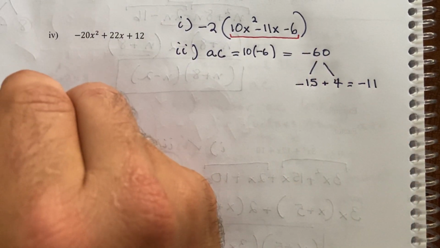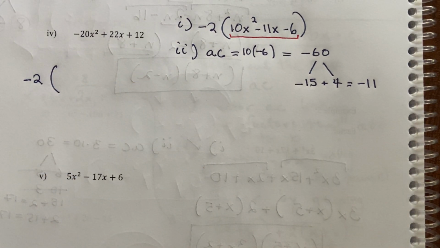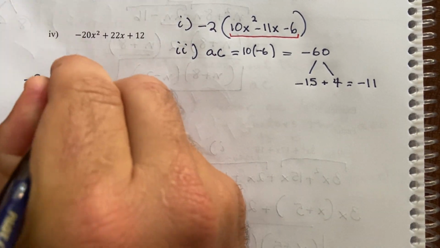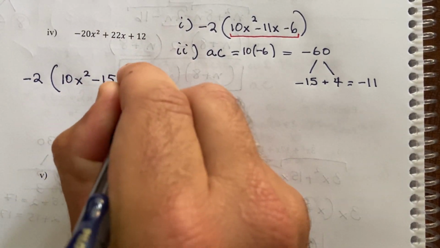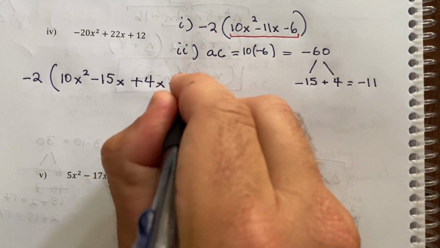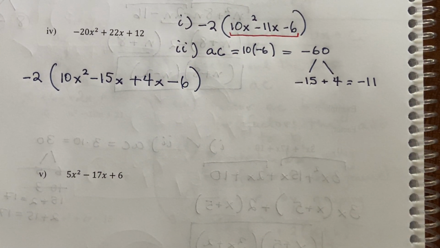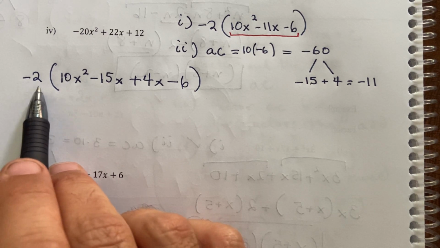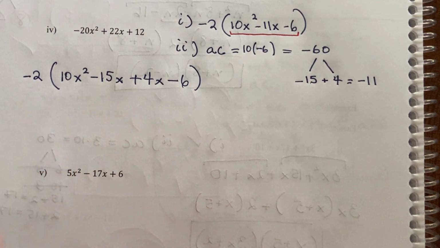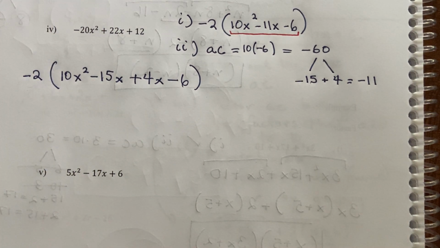I'm going to say -2, and then we still have 10x squared minus 15x plus 4x minus 6. So this is what it'll look like when you had a GCF that actually factored out. We actually have this factor just going along for the work.